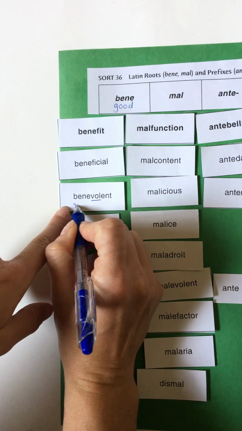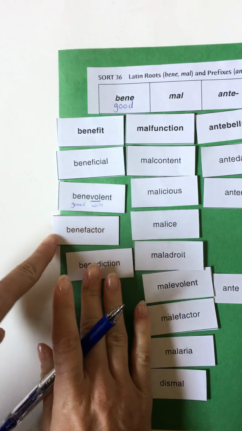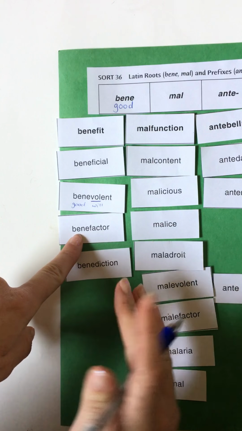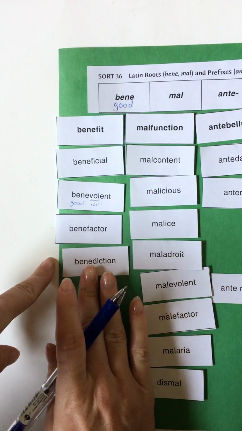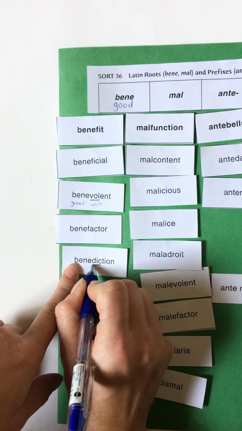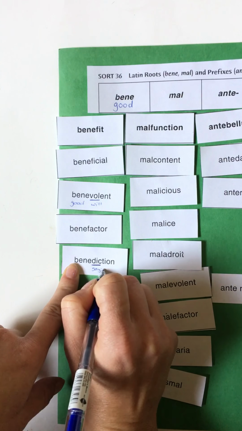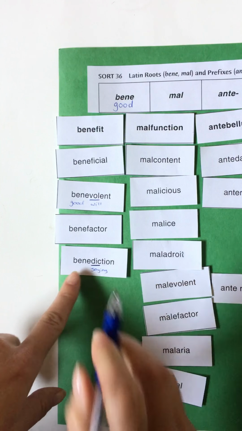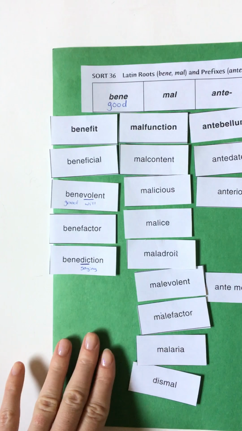So this means good will, goodwill towards people. Benefactor. This is usually a person that is helping out someone else. Benediction. You remember this root right here, the dic? So that means a saying. A good saying. A lot of times you have a benediction at the end of a religious service.